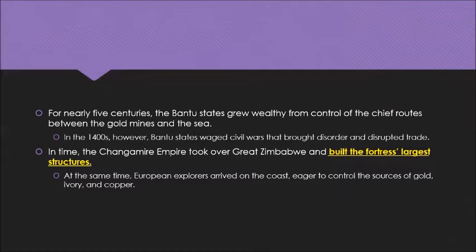Now there's going to be, in the 1400s, a number of civil wars that are going to disrupt trade. We're going to start seeing a decline economically, and then agriculturally, things are going to start falling apart.